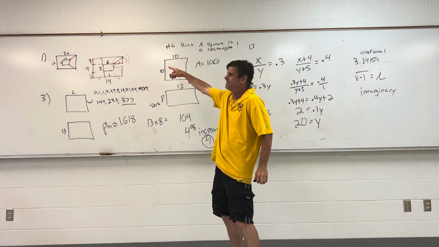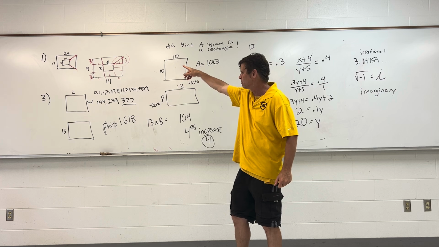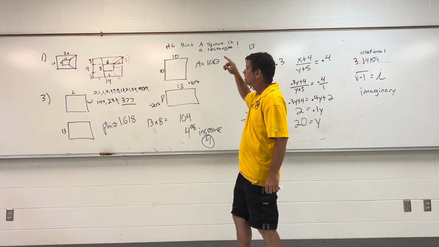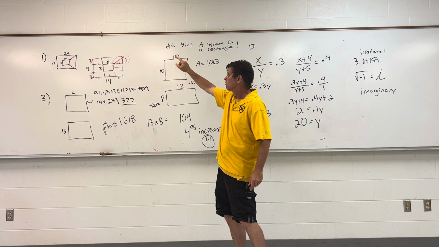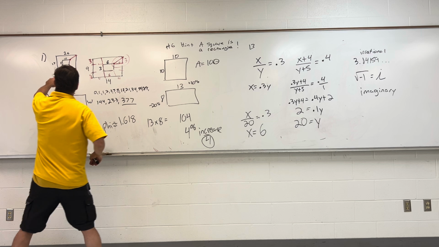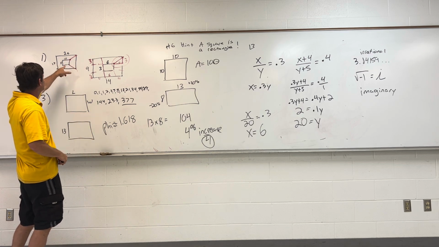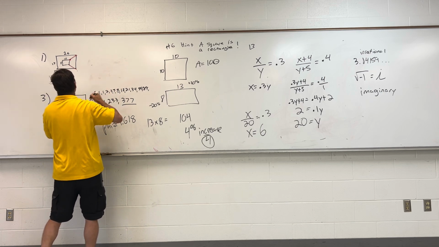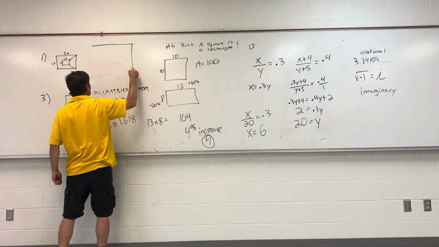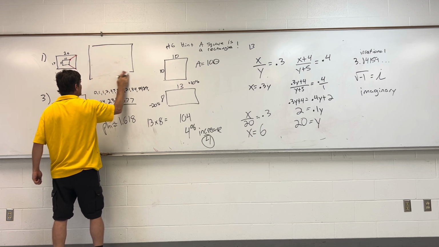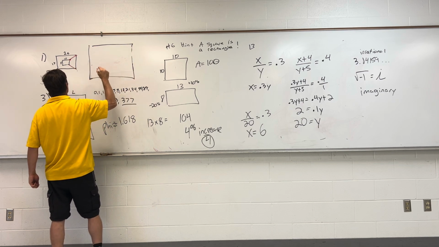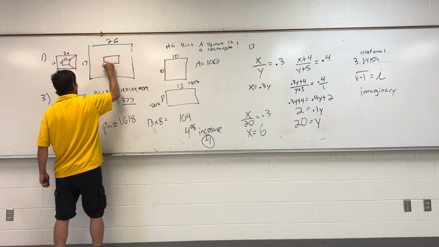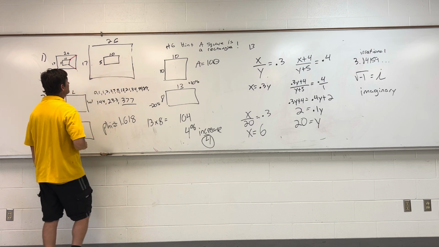You can tell I still have this left up here on Mr. Kuhlman's board. I changed some of it, but the problem was a 5 by 10 picture is in a 26 by 17 frame. I'm gonna make this bigger so we can see it. We're gonna make that 26, that 17, that 5, that 10.